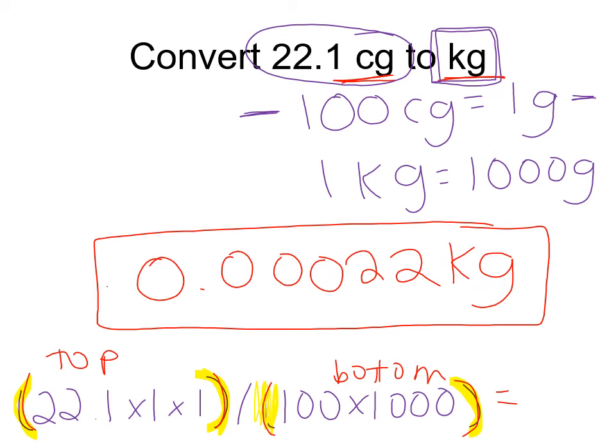Well, if I have 22 centigrams, like a centimeter, that's not a lot. 1 kilogram is 1,000 grams. And then I don't even have 1 gram because I only have 22 centigrams. So it should be a really small number, and it is. So that makes sense. My answer is probably right.